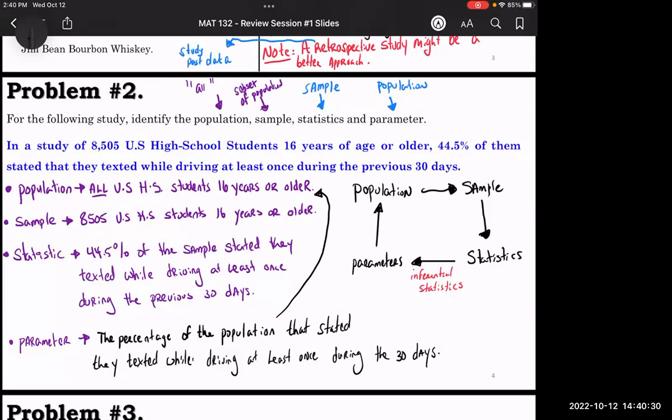What that chart is showing you is that when you're doing a statistical study, after you figure out your question at hand regarding your study, you have a target audience. That target audience is your population. From that population, you want a good representative sample. So you have to apply some sort of sampling method. Then to go from sample to statistics, you're just gathering data from that sample.